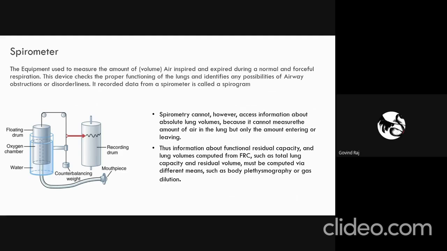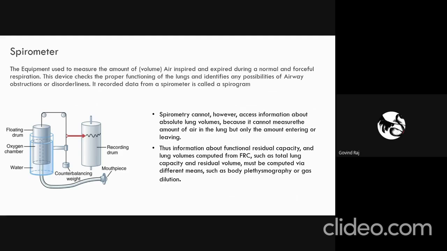The mouthpiece goes into our mouth, not fully inside, we just breathe through it. When we attach this to a patient, first we tell him to breathe normally, and after getting the normal readings, we tell him to inspire forcefully or expire forcefully.